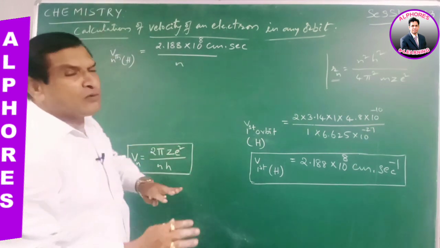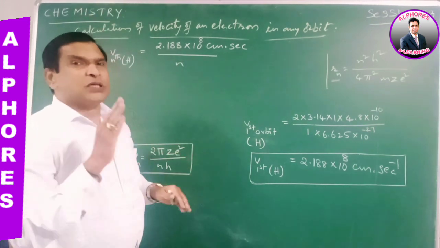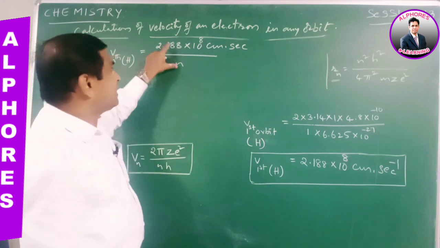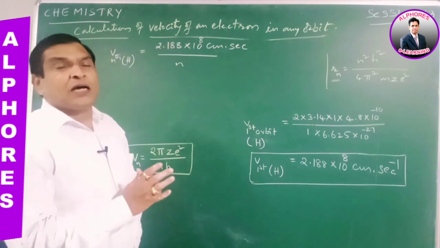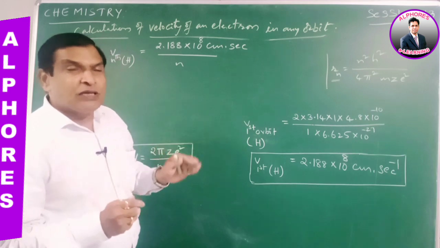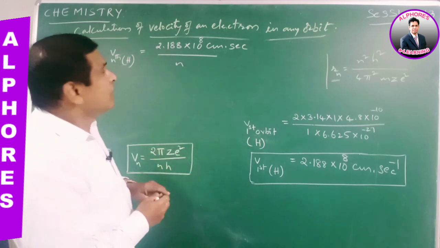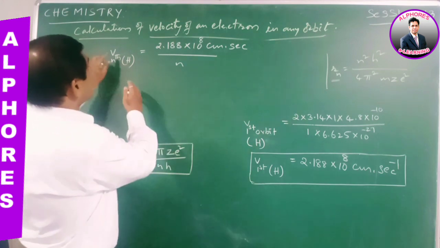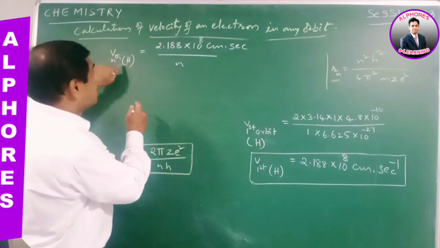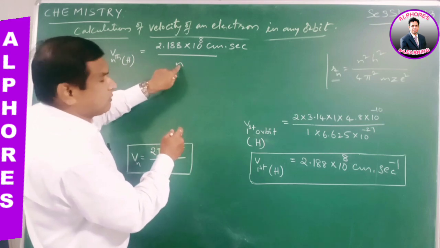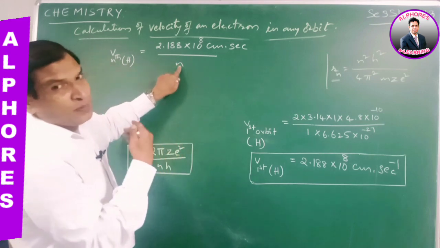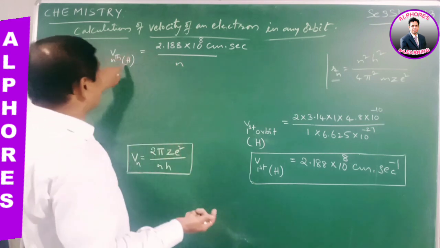Suppose I want to calculate the velocity of the electron in the third orbit of hydrogen atom, it is divided by 3. For the second orbit of hydrogen, it is divided by 2. This represents the velocity of the electron in the nth orbit of hydrogen atom: second orbit, third orbit, fourth orbit, fifth orbit of hydrogen only.